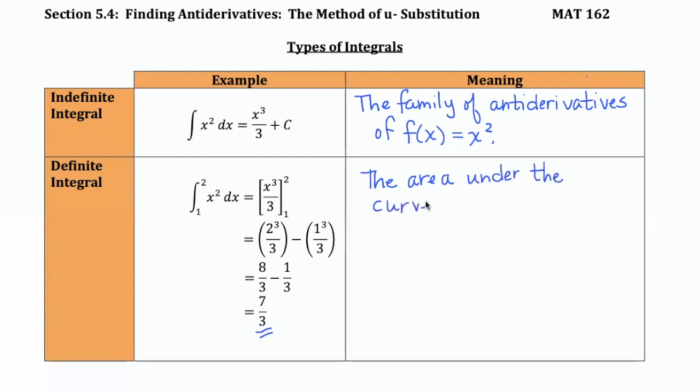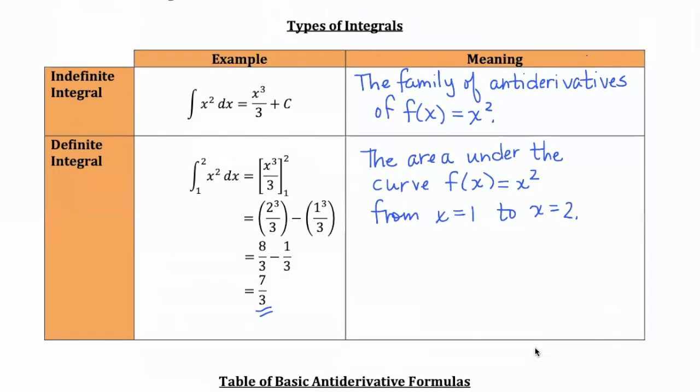In this case, the curve is f of x equals x squared from x equals 1 to x equals 2. And that's why it's a number, because it is representing the value of a specific area. So hopefully that clarifies the difference between the two types of integrals.